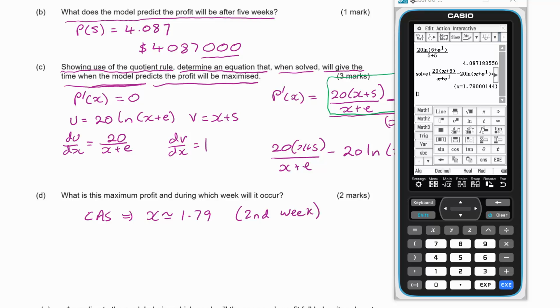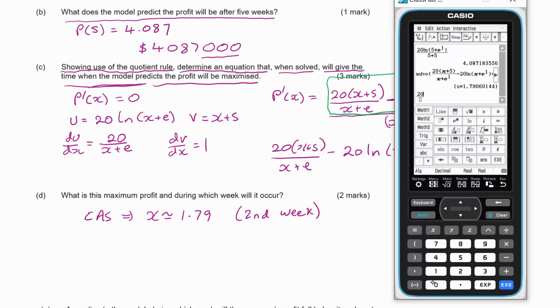And then we need to work out the actual profit, which means we need to take this value here. Let's just copy it and stick it back in our original function. Actually, let's just get a fraction template first.